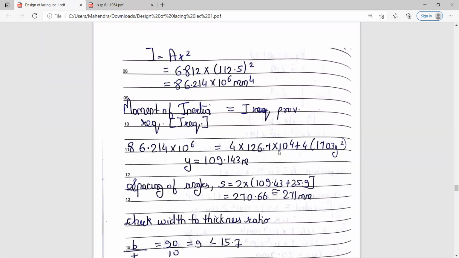So 4 into I plus 4 into area into y square. This area is of one angle section, that is 1703. So you need to multiply it by 4 into y square. From this you will get the value of y. So calculate the value of y.